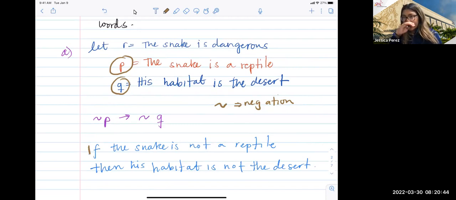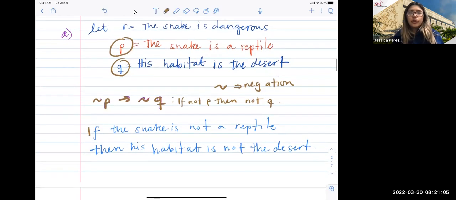Remember, you're negating because this is not P implies not Q. The implies means if not P, then not Q. So this is if not P, then not Q. So your solution is this one. You're writing it out. Okay.